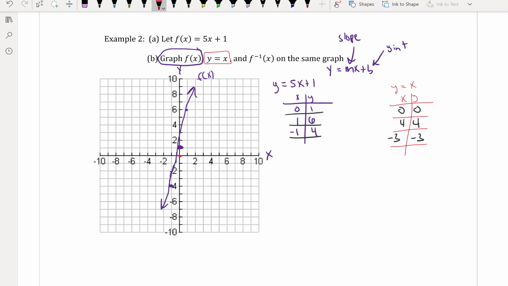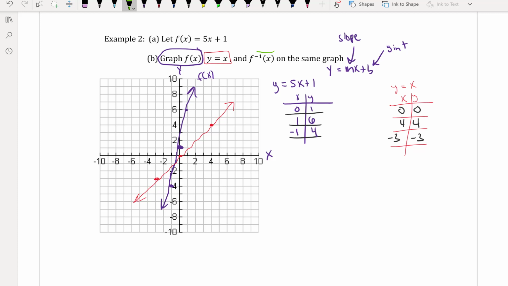So I have 0, 0, I have 3, 3, and oops, it was really 4, 4, there we go. And it was -3, -3. And so that's going to be my graph. And again, I'm sorry I'm not drawing a straight line. What's happening is I can't put a ruler on this computer, but more or less you get the idea.